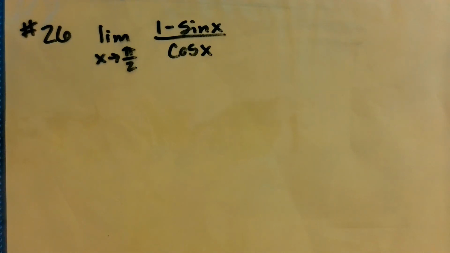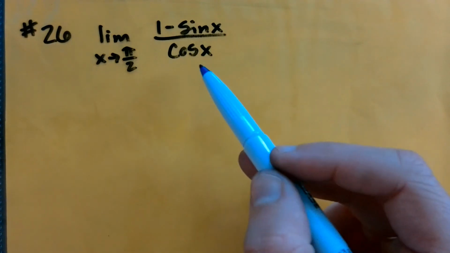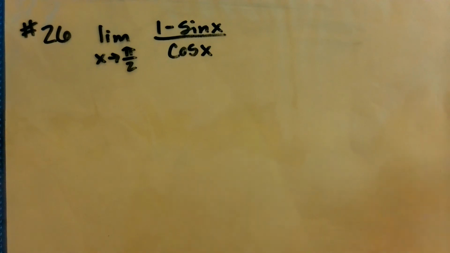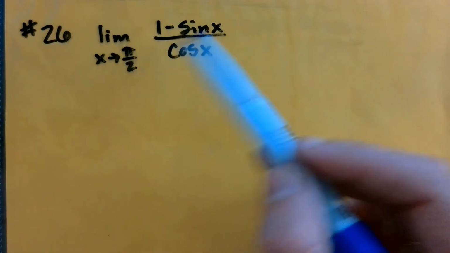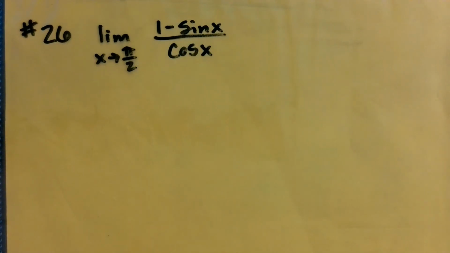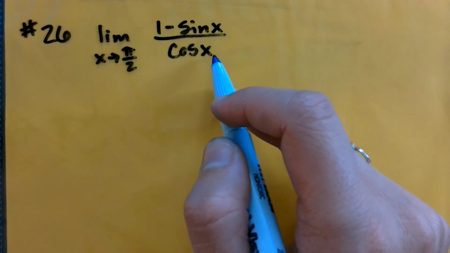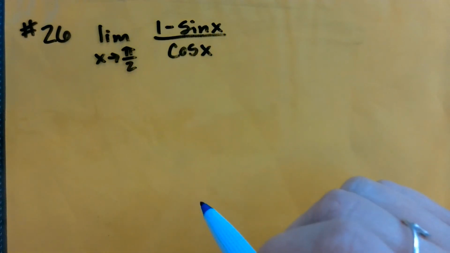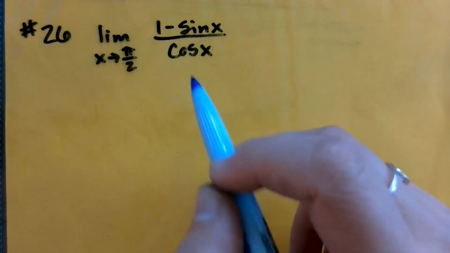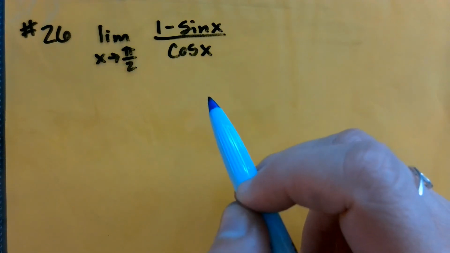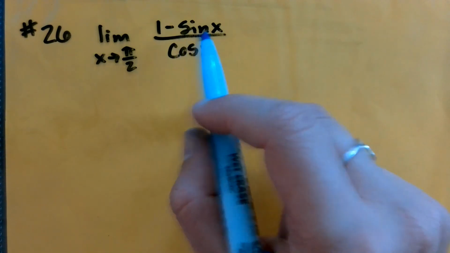For number 26, we have trig in our limits, which, don't panic, a lot of times with trig functions, if you just plug in the value, you actually will end up with the limit. It'll be something continuous. That is actually not the case with this one. When we plug in pi over 2 into both, we are going to get 0 over 0. So in order to use an identity, something like that, I need one of them to have a squared in it.